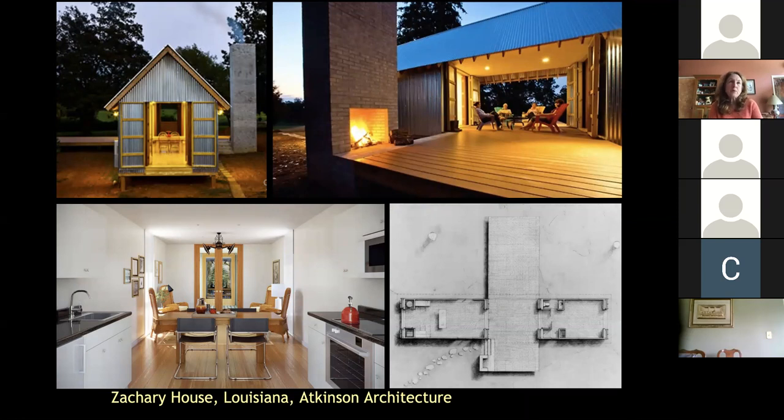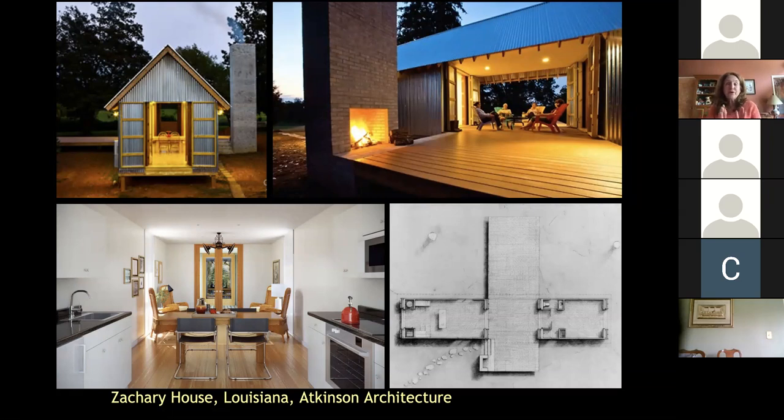On the upper right, you can see that central breezeway that becomes a commonly used living space. It allows for outdoor living that still protects you from the elements, and it separates the public and private rooms on each side. You can also see the picture on the upper left gives you a sense of why this was also sometimes called the shotgun house.